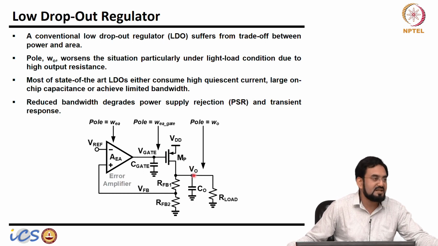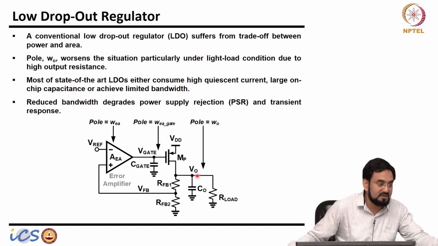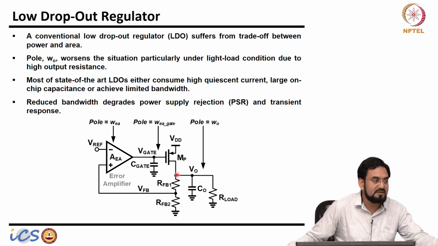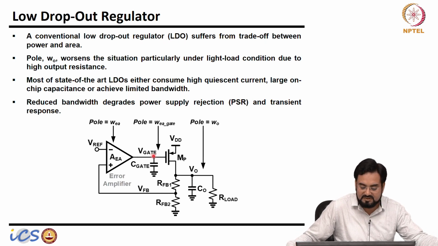Which means I cannot put a very large cap at the output. If I put a large cap here, the problem usually happens at light load. At light load the pole will start moving inside, so again you have to limit the bandwidth or make the output pole dominant. Output pole dominant means you have to make sure the impedance at this node is very small.